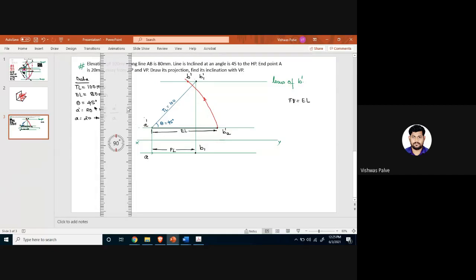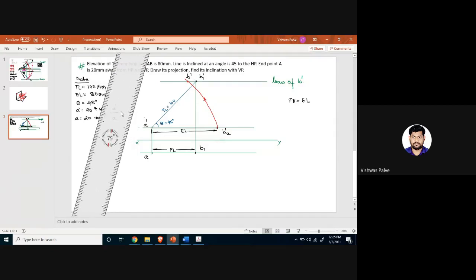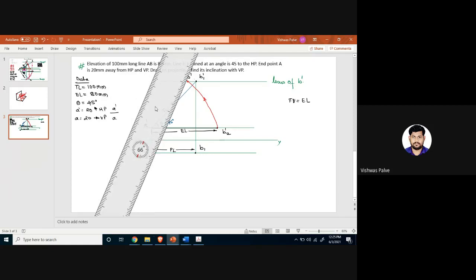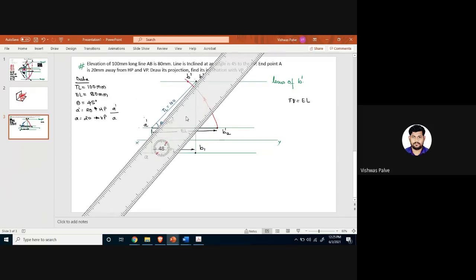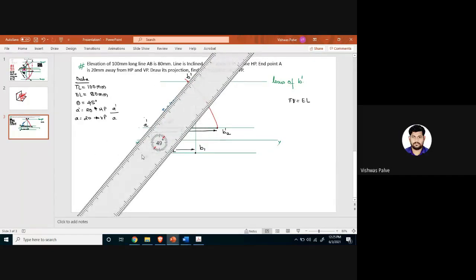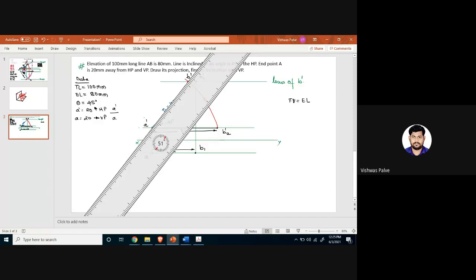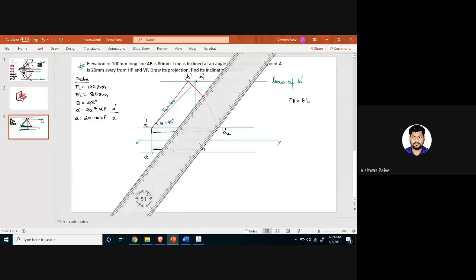So once you get A dash B dash, what is this line called? Front view. So I have drawn the front view of the line.